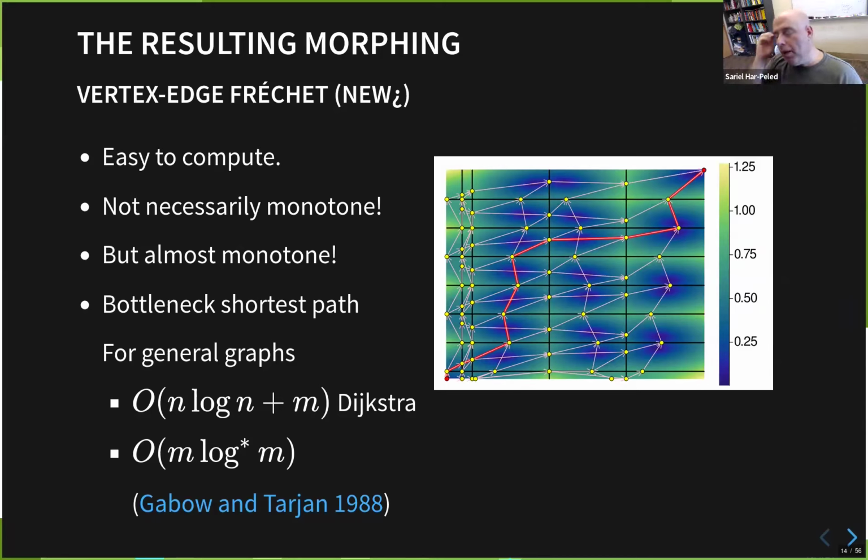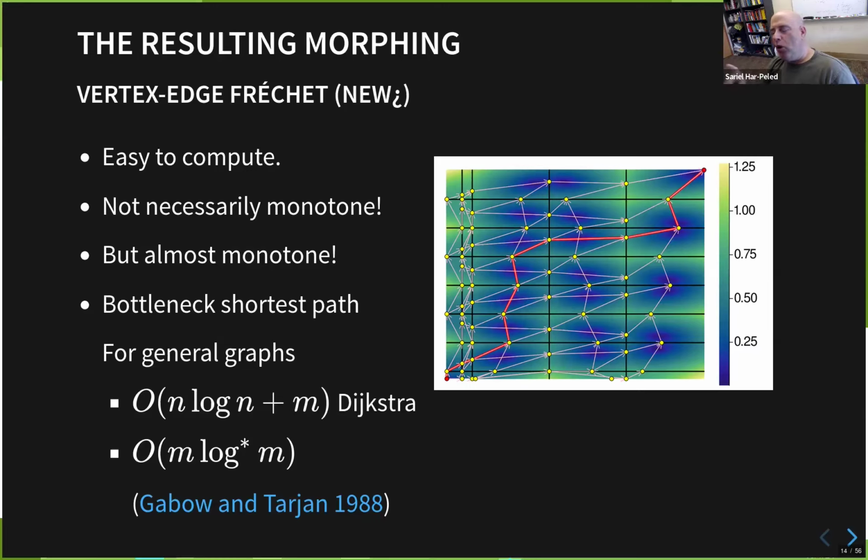Now, one problem is that the path that we computed might not be monotone, but notice that it's almost monotone. And what do I mean by it's almost monotone? Because of the way we structured the graph, once the path that we compute crosses a grid line, it never crosses it back. Or in another way of saying it, during the morphing, if the morphing goes over a vertex in either curve, it never goes back.